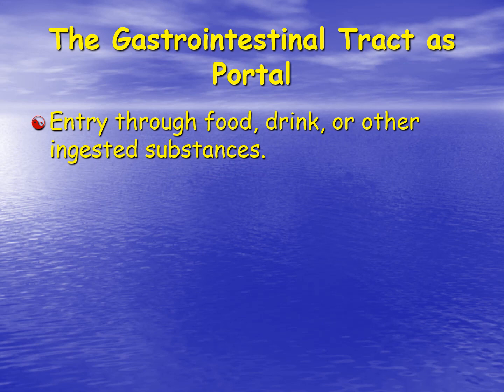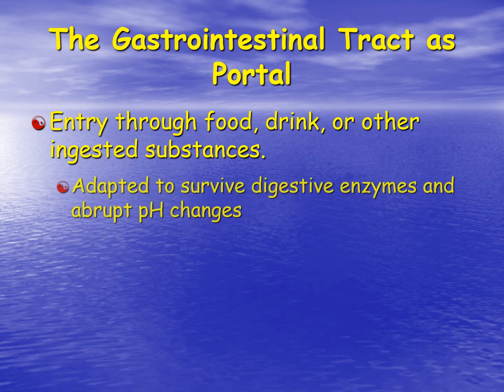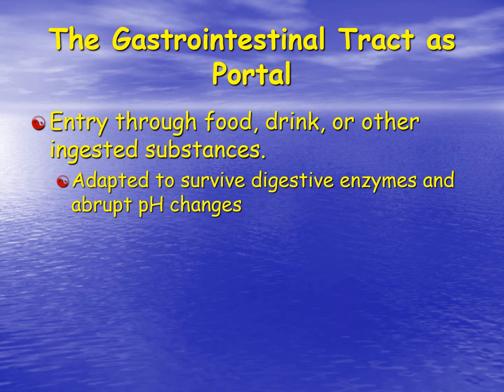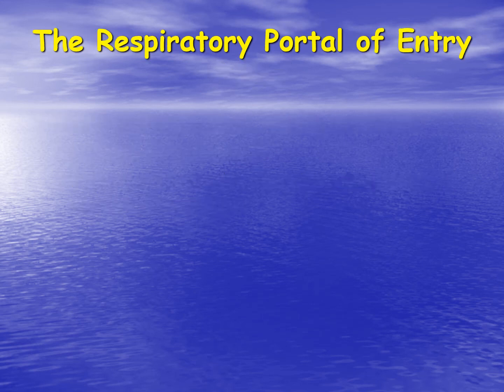We oftentimes will get our pathogens entering the body through the GI system because they're in the food or drink or other ingested substances. Oftentimes, these pathogens are adapted to survive digestive enzymes or abrupt pH changes, such as the acid of the stomach. However, very few actually are able to survive, especially the extreme acidic environment of the stomach.